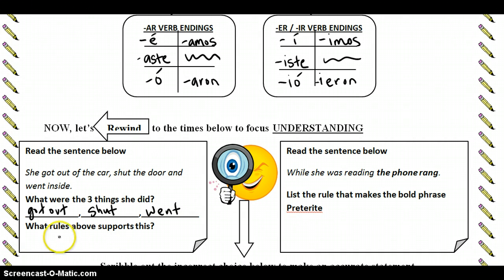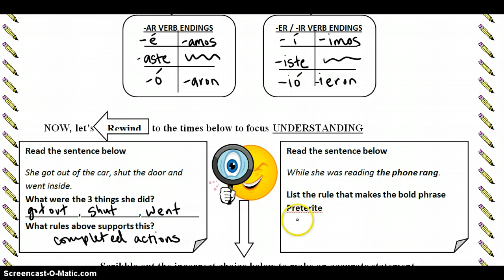So these are all completed actions, or you can say past completed actions. Let's take a look at the right. The sentence below says, while she was reading, the phone rang. So what is the rule that makes this bold phrase the preterite?